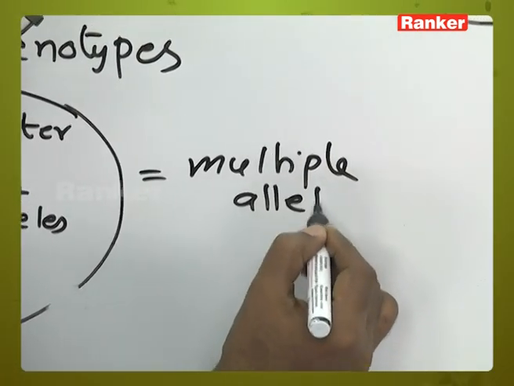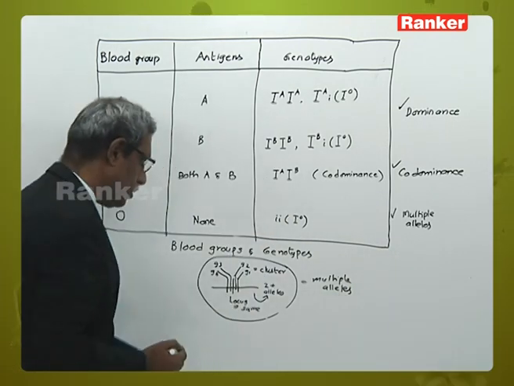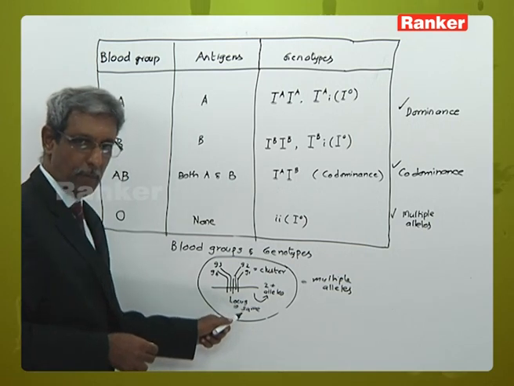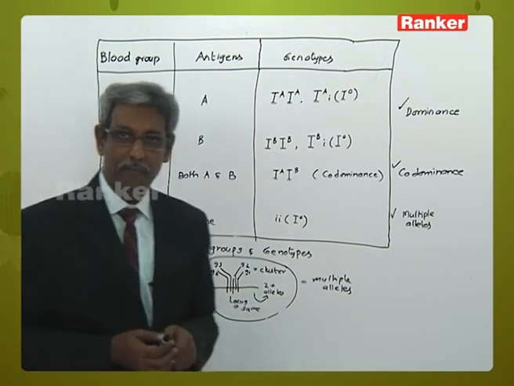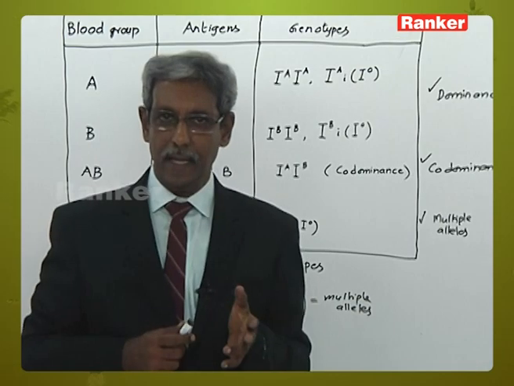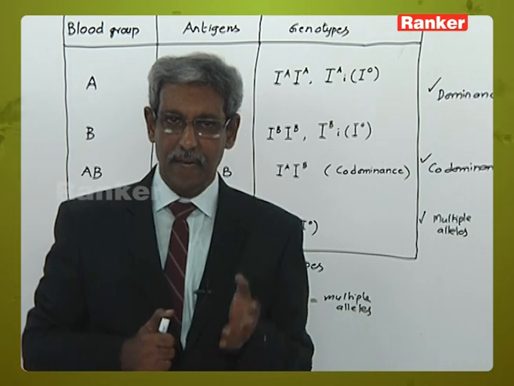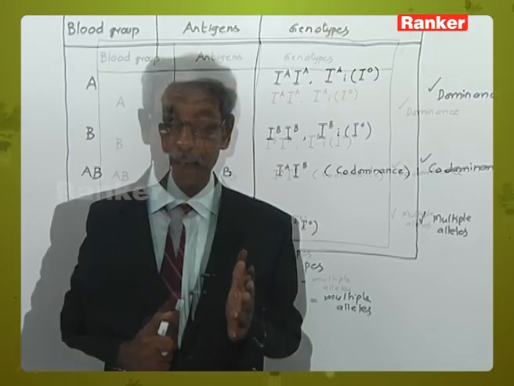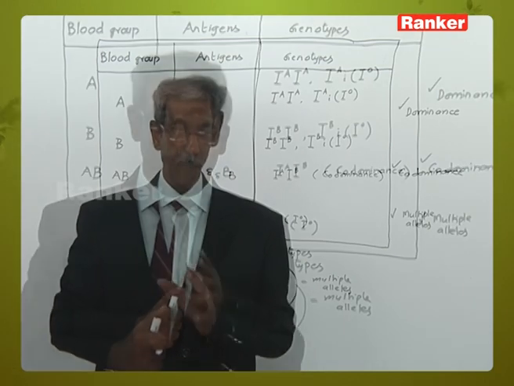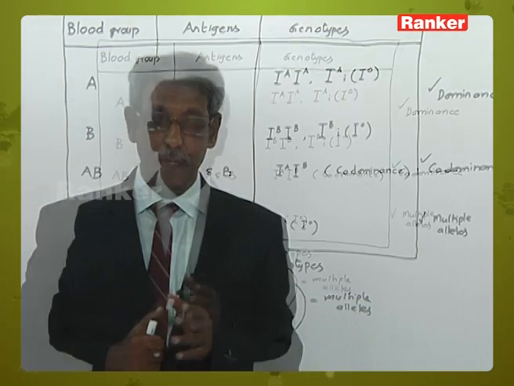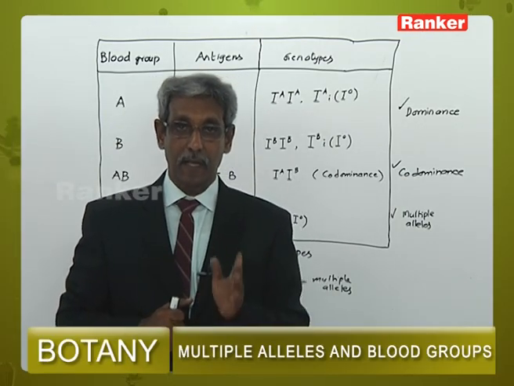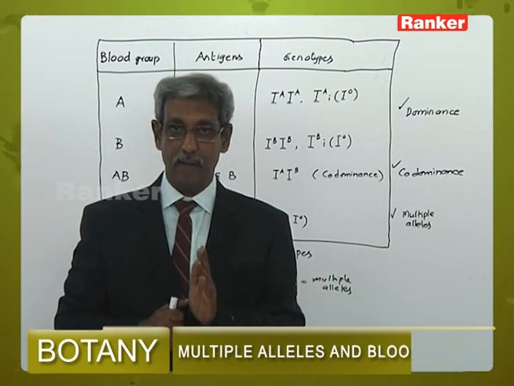So multiple alleles is based on the number of alleles which occupy the same position. In the objective we find that the choices are incomplete dominance, which you read in the last class, wherein a particular character is not expressed completely. Then dominance, the expression of one morphological trait, like only red or wrinkled. Then codominance, as you saw in the flowers: if we cross red flowers with white flowers, we get pink flowers.